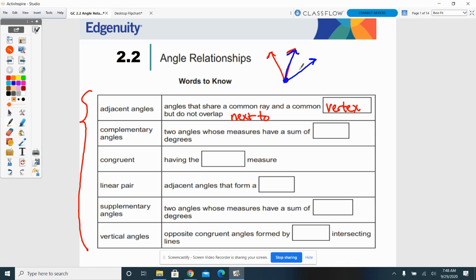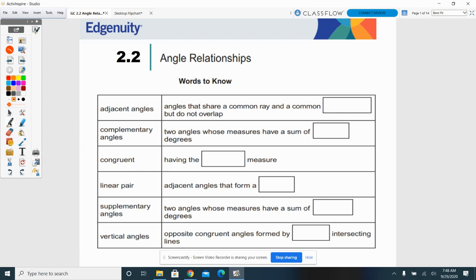So this angle and this angle are adjacent. Now I could have gone on the other side as well. I could have shared this side and gone over here, and that could have been adjacent. So these two are adjacent, and these two are also adjacent.